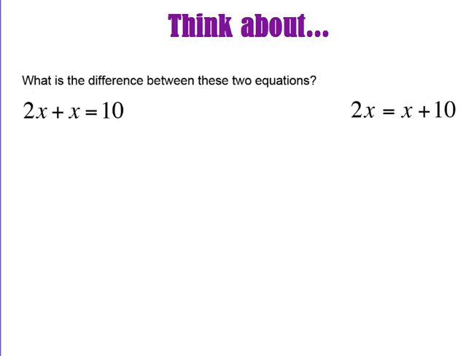Think about what's different about the two equations. Look at how the variables are positioned, what's on the opposite sides of both equal signs. Pause the video. You can jot down ideas, your notes, to answer the question. And when you're done, you can move on to the next part.